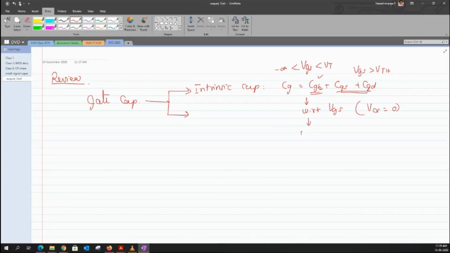Later, we also analyzed the same CG with respect to VDS. We plotted it against VDS by VDS SAT, normalizing the x-axis, and found the capacitances that exist. Here we had assumed VGS was held above the value of VT.